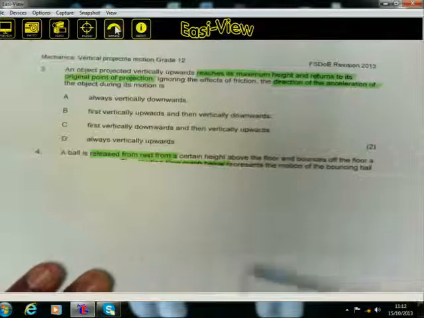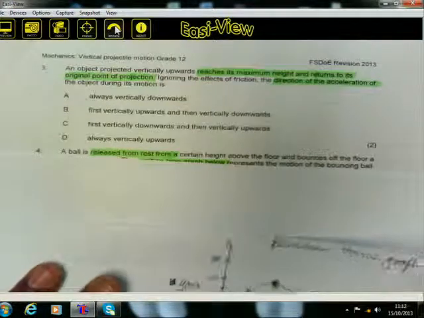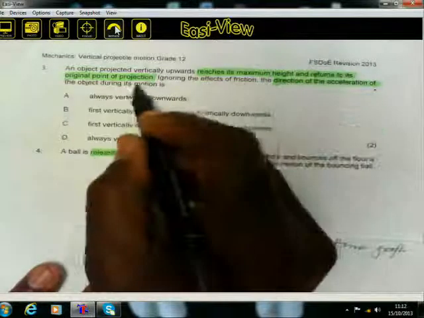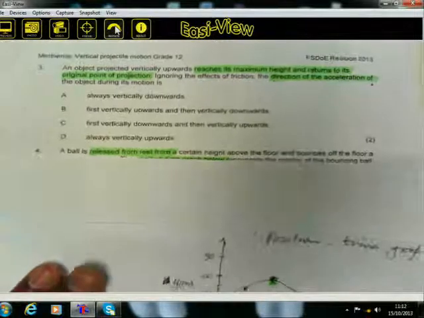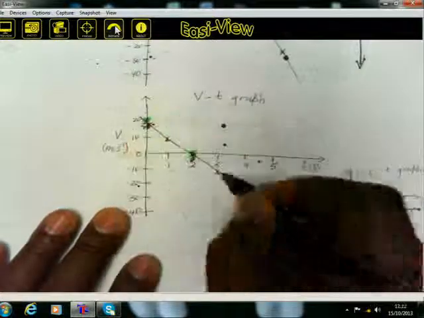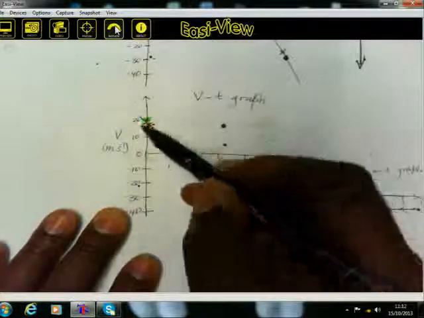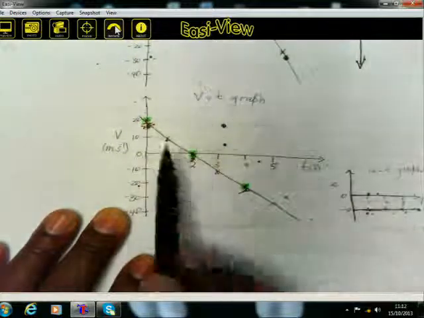Now we are talking about the direction of the acceleration of the object during its motion. We can best understand that if we look at the velocity time graph. The object is projected vertically upwards.